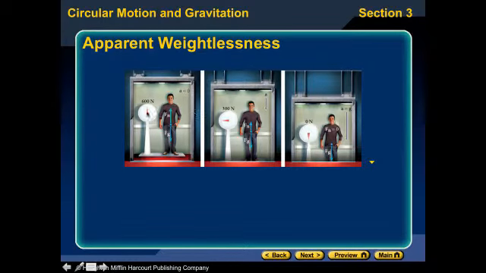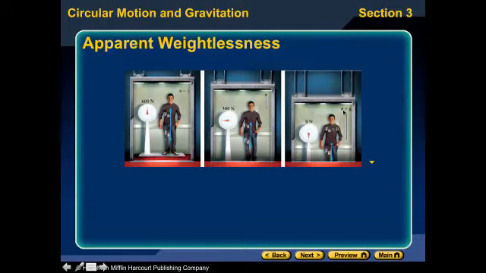So here in an elevator, if you're just standing there, the normal force is equal to the gravitational force. If we're accelerating downward, that means your apparent weight is going to be less than your actual weight, because basically you are being lifted up, since you're not going down as fast as the elevator.